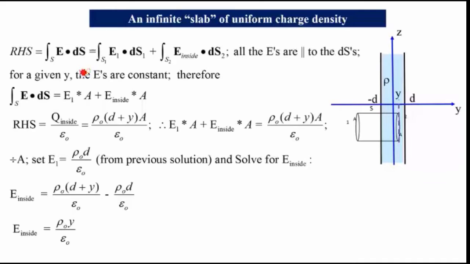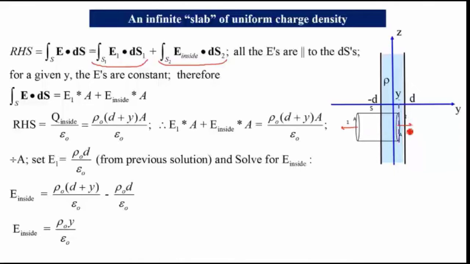Here's the right-hand side. The right-hand side consists of the E field on the first surface plus the E field on the second surface integrated over the surface. So what we're talking about is E1 here, which we'll draw like this, and E2 here, which depends on where you are, where Y is, but right now let's just say in this direction.